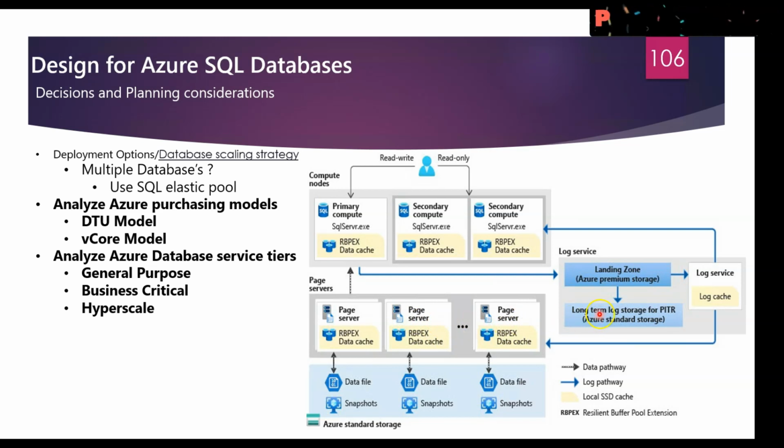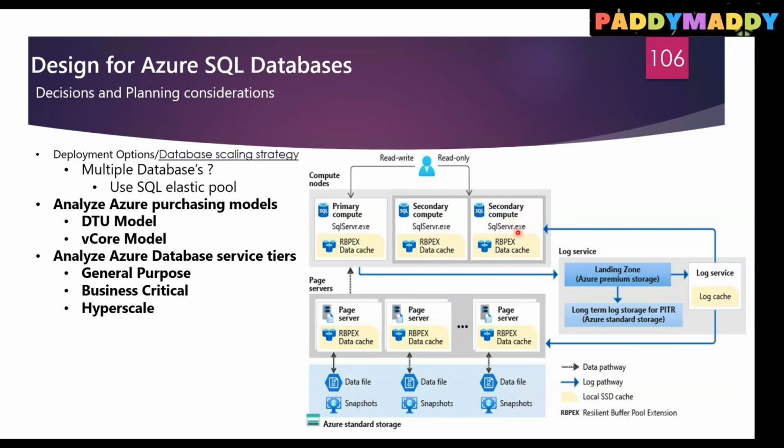And coming back to the log service, it is going to accept the log records from the primary compute replica, and it always persists them in a durable cache method. And it's going to forward those log records to the rest of the compute replicas.